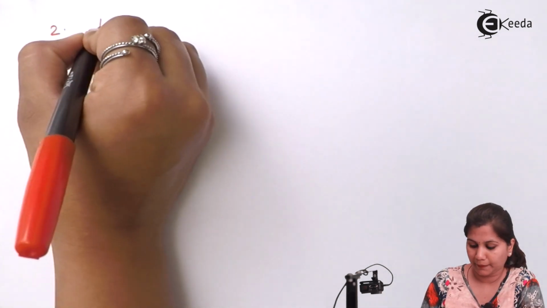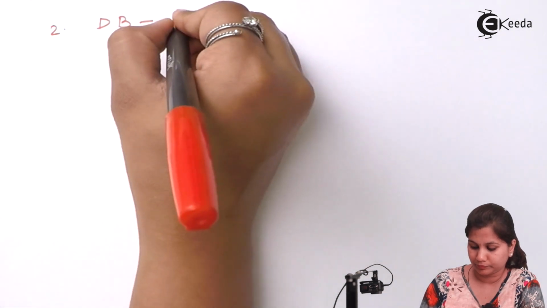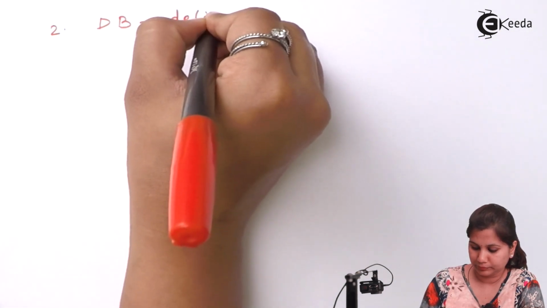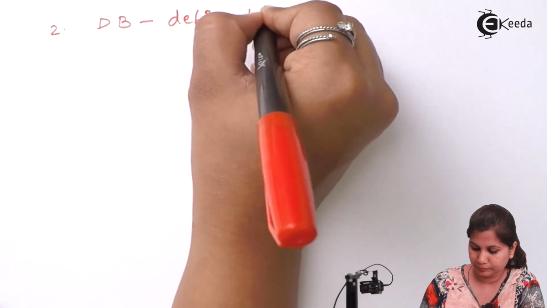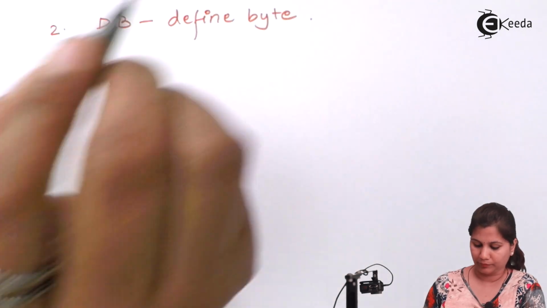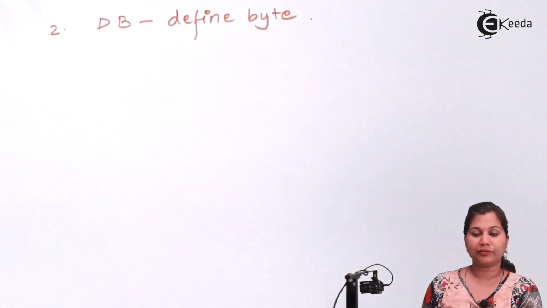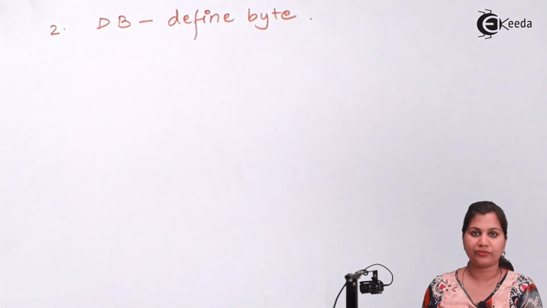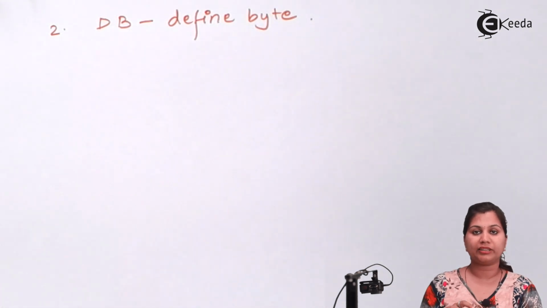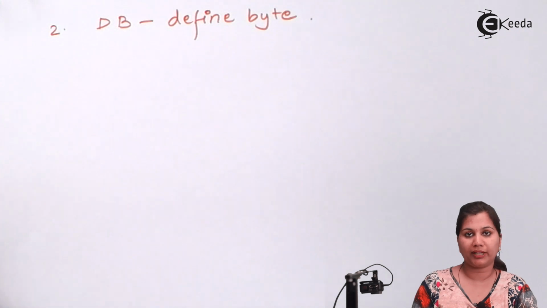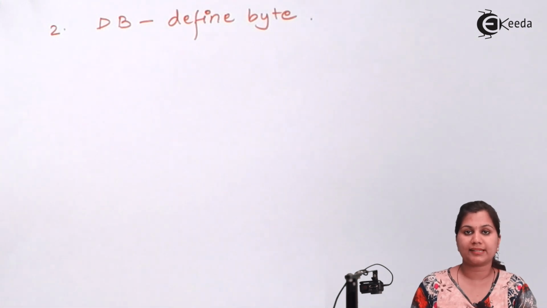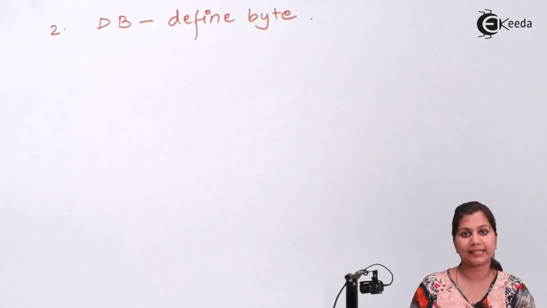The second assembler directive is define byte, DB. This directive defines the byte variable, that is, the format of that byte variable, whether it is decimal, hexadecimal, binary, or ASCII code.